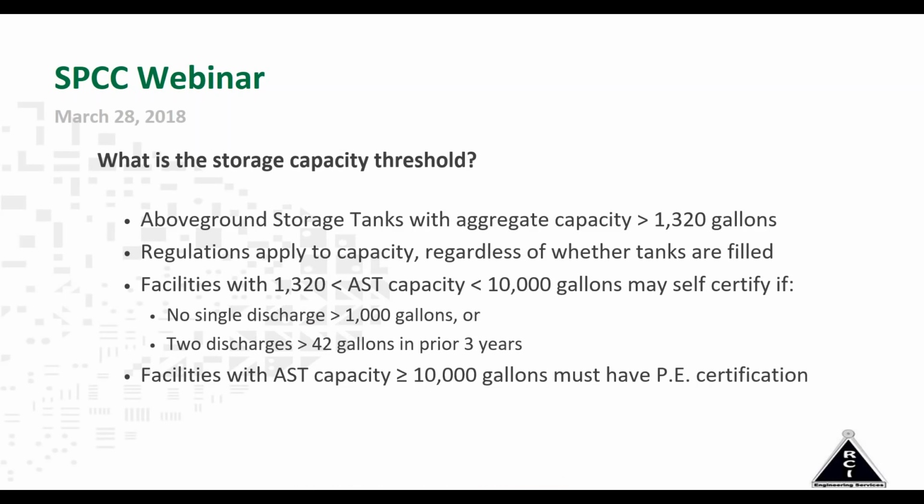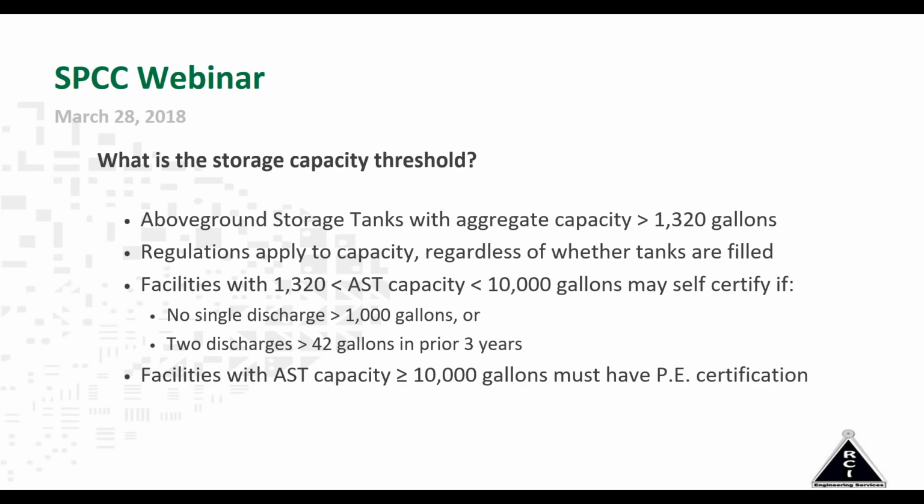What's the threshold? The threshold's pretty low, really: 1,320 gallons. And this is aggregated capacity. It's not actual oil you may have on hand. So, for example, if you have a 2,000-gallon fuel tank, but you never put over 500 gallons in it, it doesn't matter.